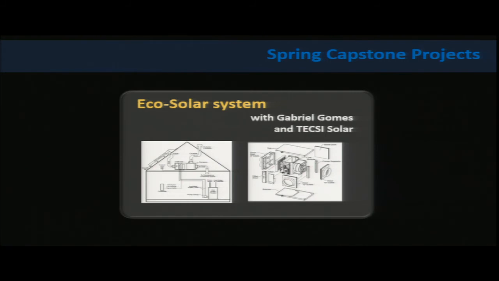EcoSolar System. We're teaming up with a Bay Area company called Texas Solar. The observation here is that rooftop solar panels trap a lot of heat between the roof and the solar panel, and this heat can be scavenged in order to boost the efficiency of water heaters.